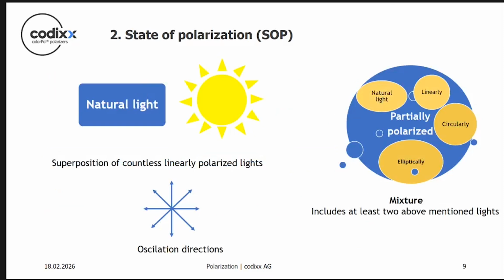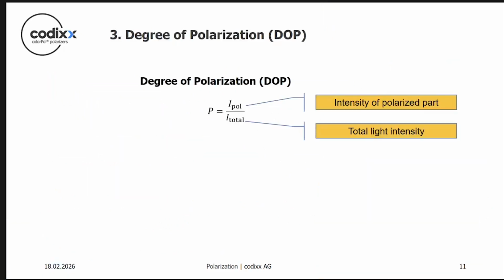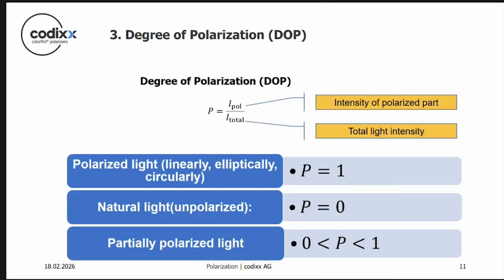And this is where the degree of polarization comes in. The degree of polarization just means how much polarized light is included in the total light. If I have perfectly linearly, elliptically, or circularly polarized light, the degree of polarization P equals 1.